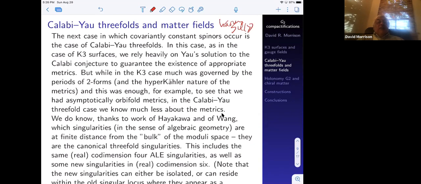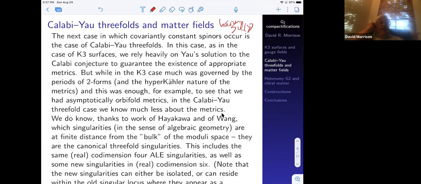That's great. However, in the K3 case, one thing I didn't stress but could have is that one of the reasons we know so well the parameter space for K3 metrics is that everything in the K3 case, and in particular this is true of the Ricci flat metrics, can be determined by evaluating a certain triple of two forms which make up a hyperkähler structure on the metric.